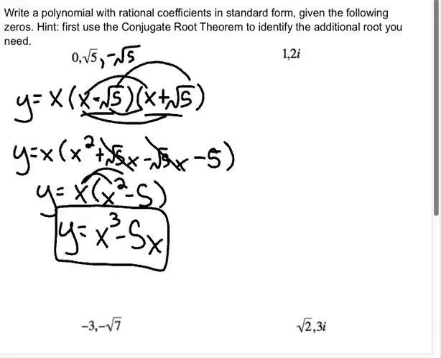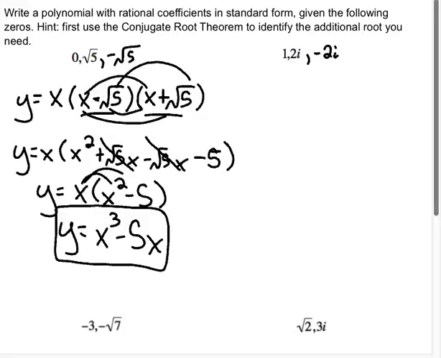All right, so notice by recognizing I needed that additional root, it actually made my original polynomial very nice looking. Okay, so that's the goal of today, is getting good at this process. All right, so looking at our next one, because I see that 2i there, that also communicates to me that I need negative 2i.